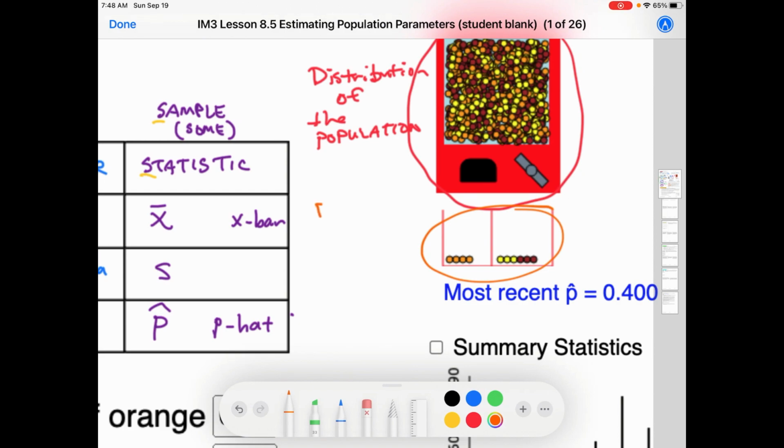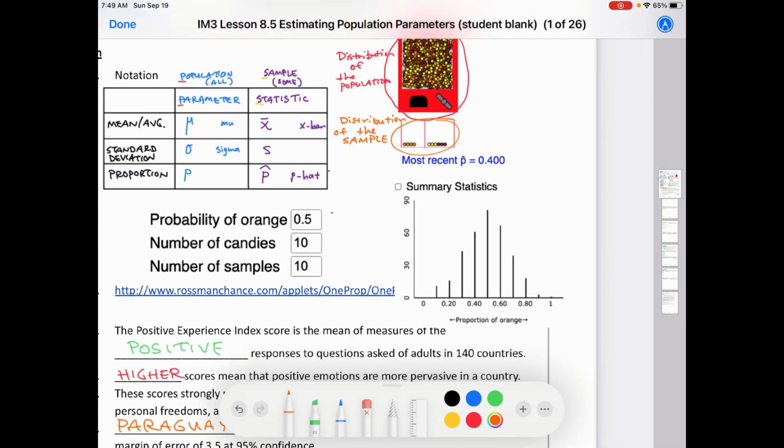So I'm going to call this the distribution of the, I'm going to put in all caps, SAMPLE. That's our sample, right? I'm not getting all of the candy at once, just put in a quarter and turn it.